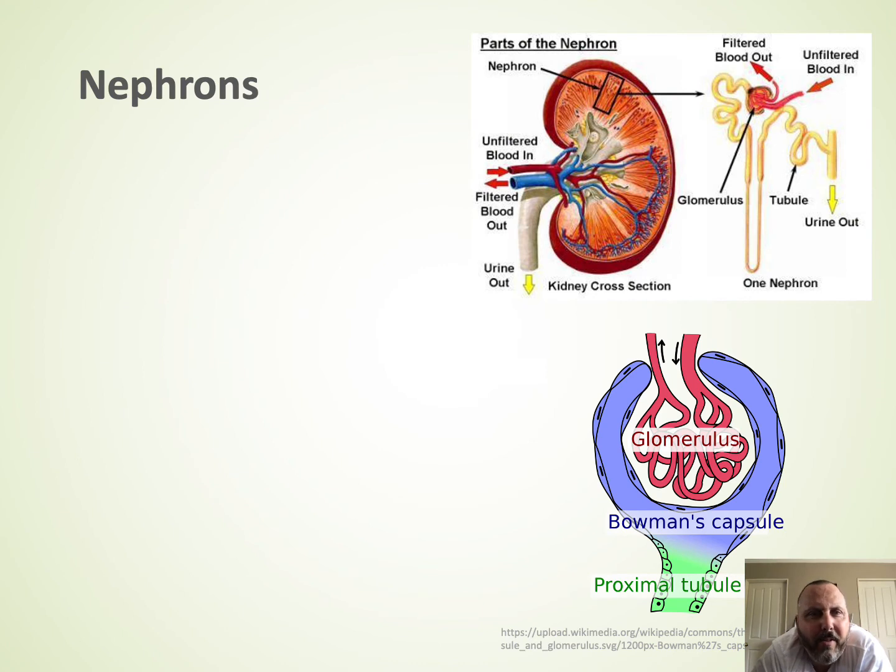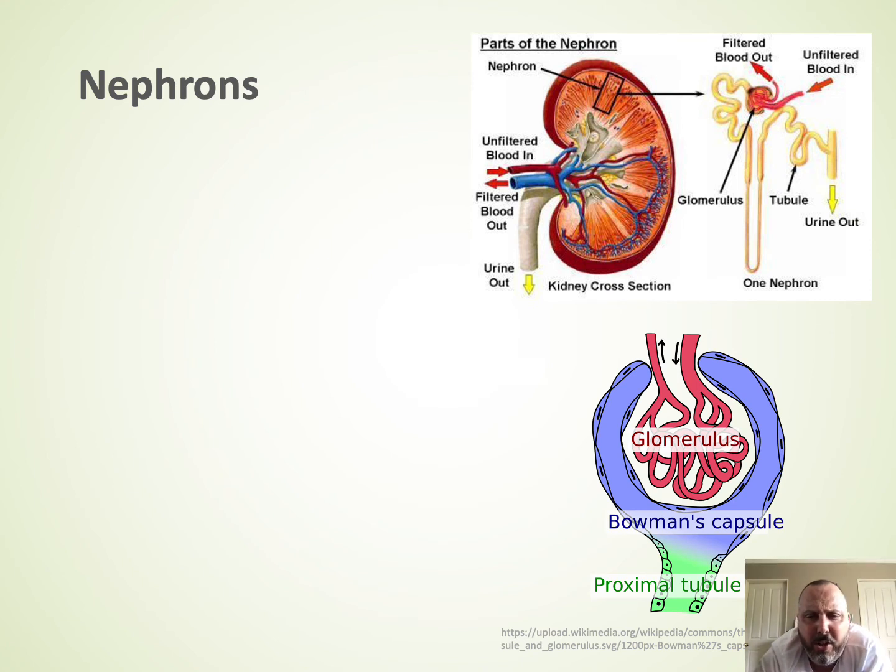All right, so now we're going to have a look at a little bit more detail of the kidney. The functional units that the kidney is broken down into, that essentially do all the work, are called nephrons. These graphics explain that and break it down a little bit.